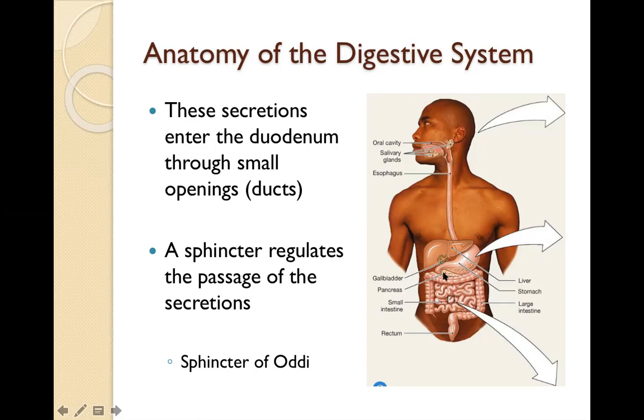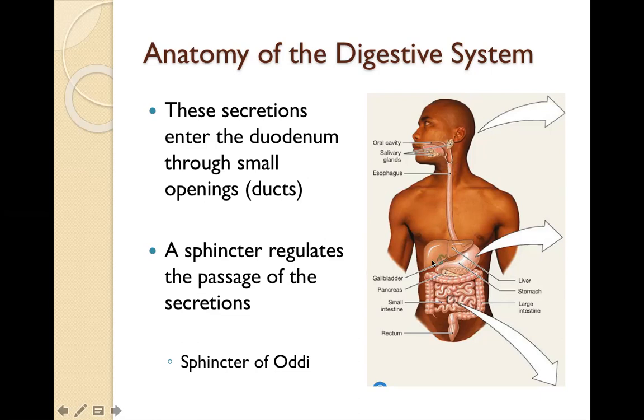The small intestine accepts secretions through a series of ducts and openings. So there's a tube that runs through the pancreas. There's a series of tubes that runs from the gallbladder and the liver into the small intestine. And anything that is released from those areas goes right into the small intestine.